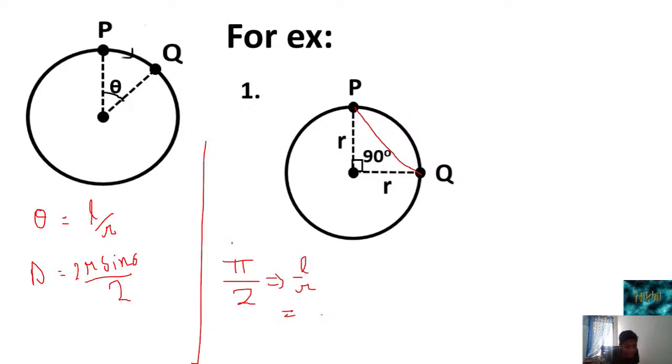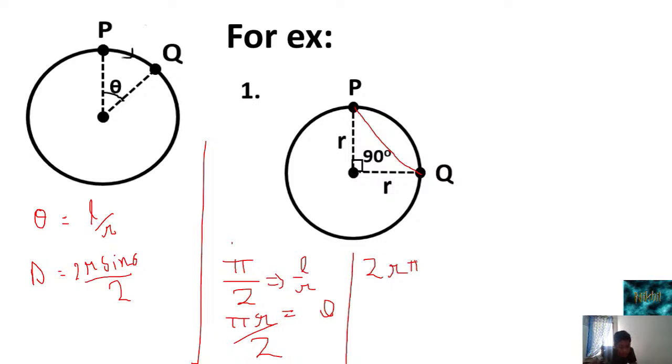So we will find L is equal to pi R by 2.